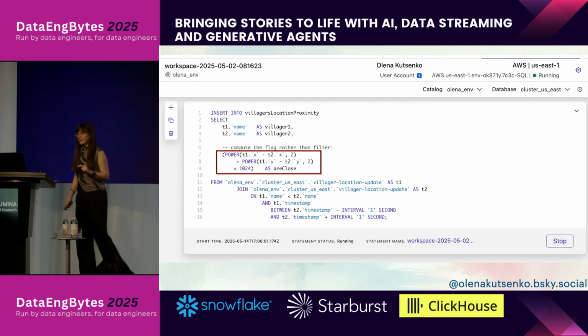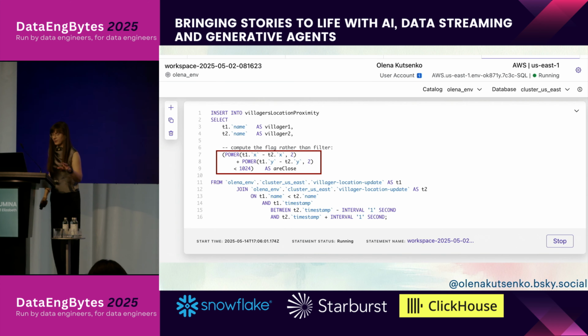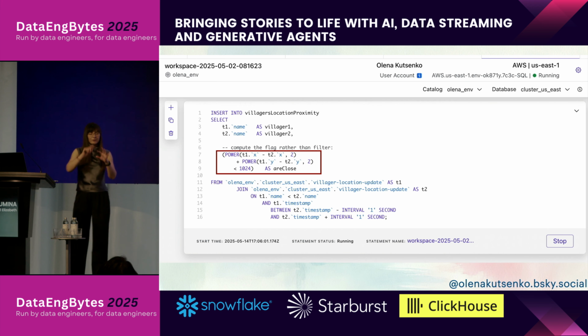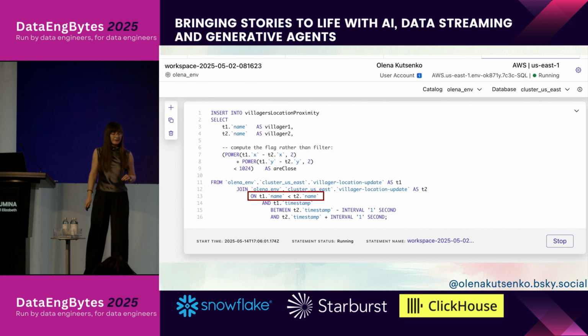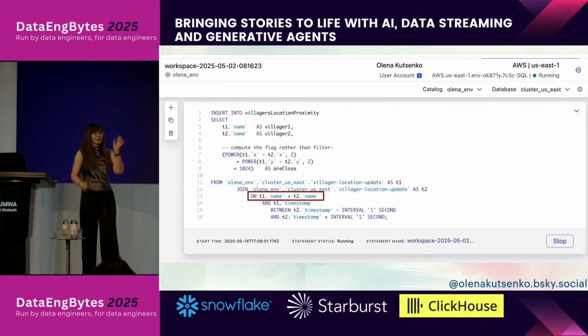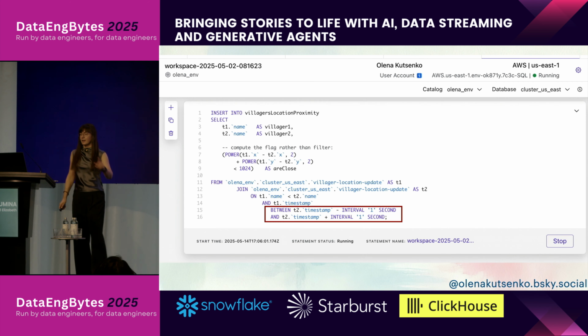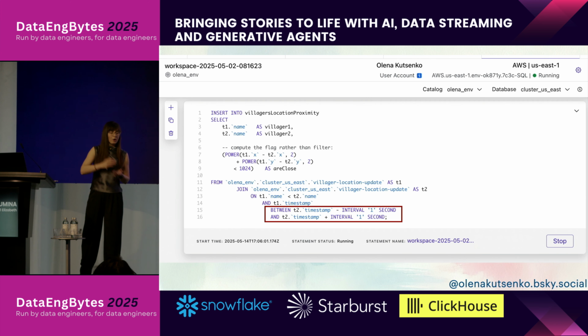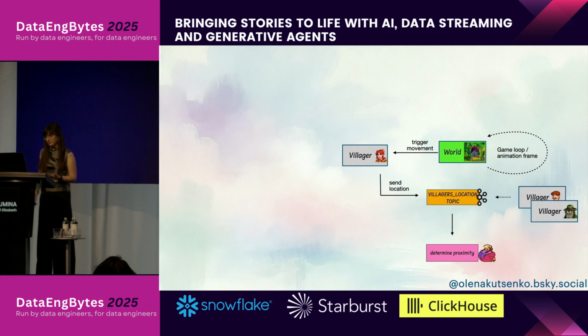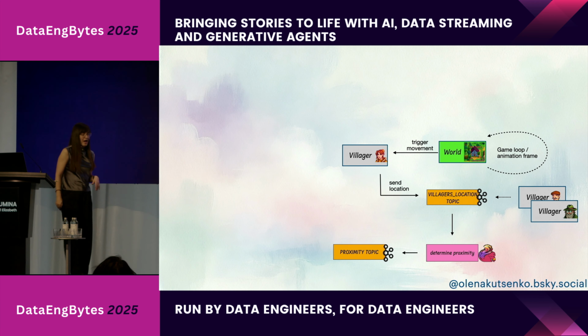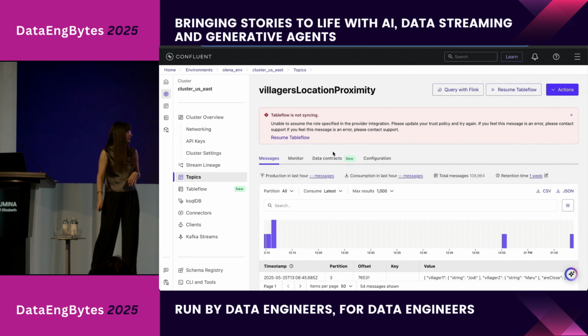And if the distance is less than, I have here 1024, this kind of like pixels in a way, then I define them close to each other. I compare them by name, again, one direction only, and I do this for every second. So every second I will output if they are close to each other or if they are not. And the data goes to a proximity topic of Apache Kafka.